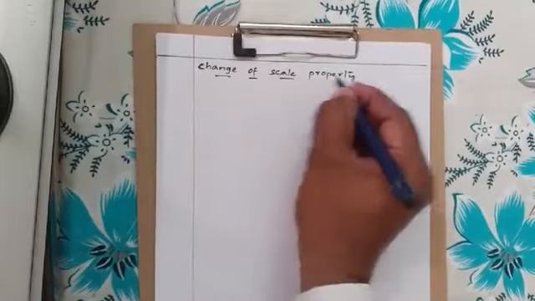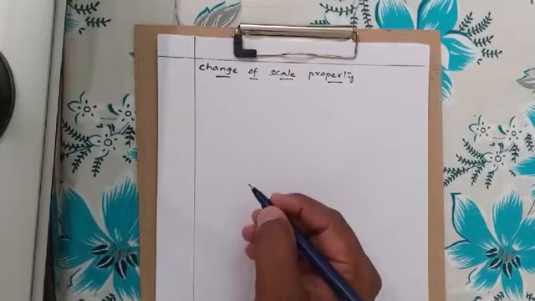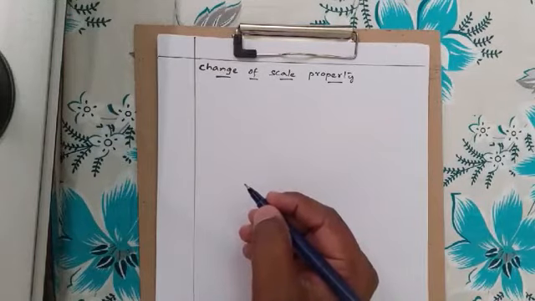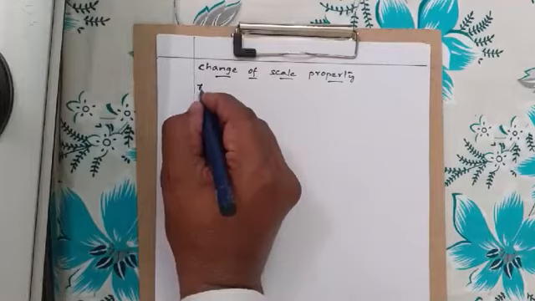Now let us have the theorem and proof of this change of scale property, and then we will have problems based on this. Let us write the theorem statement now.